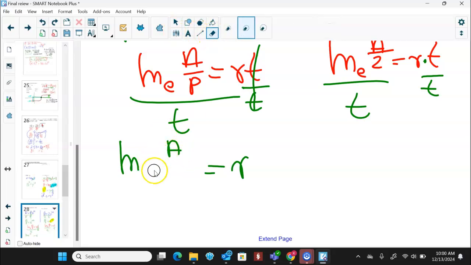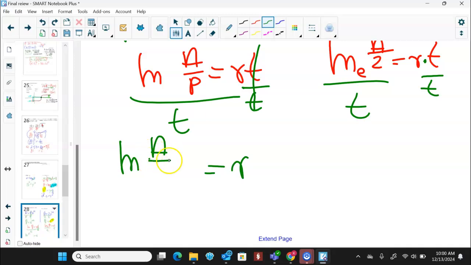Again, we don't write the e actually, it's just assumed. And again, the t goes underneath the entire thing. Okay, so that would be your solving for r. So pause that if you want to.